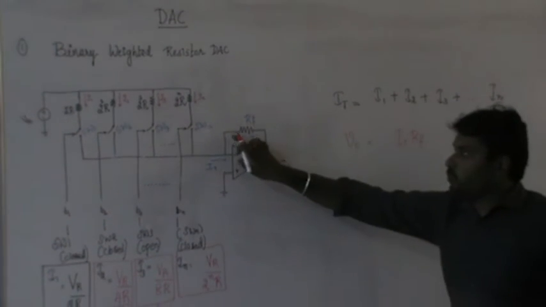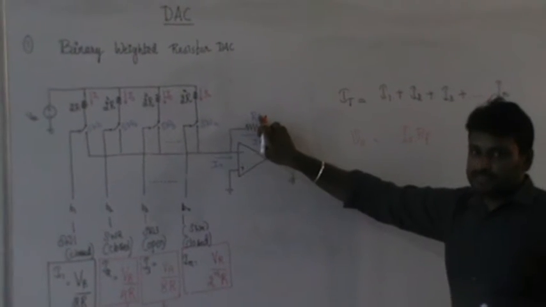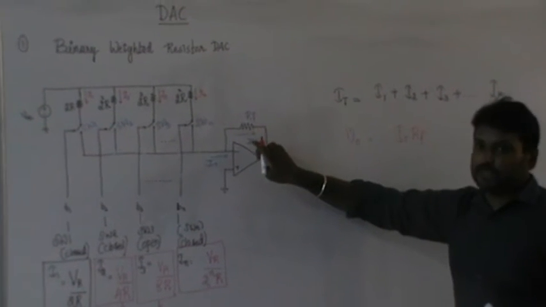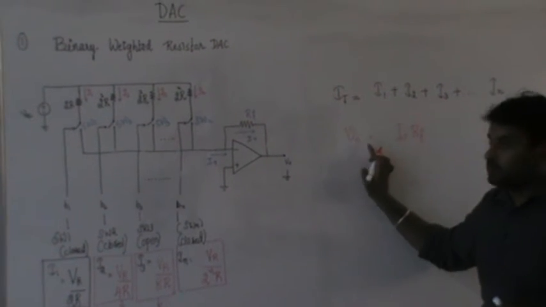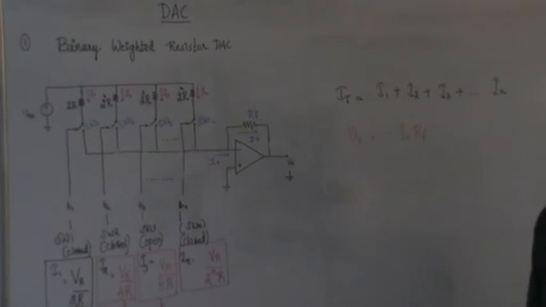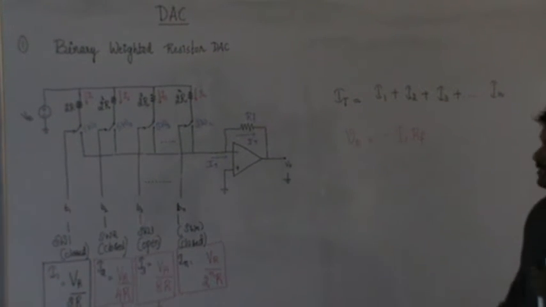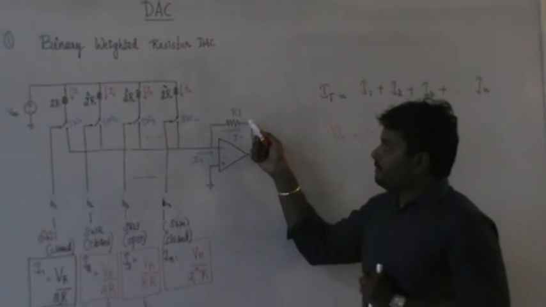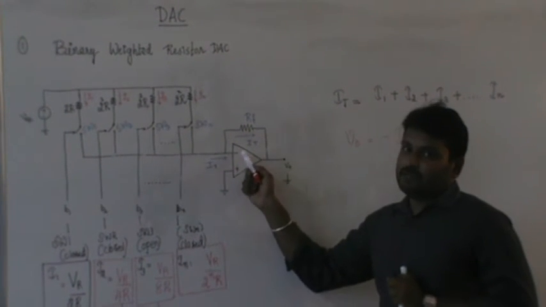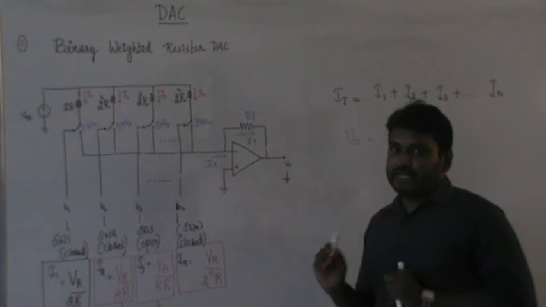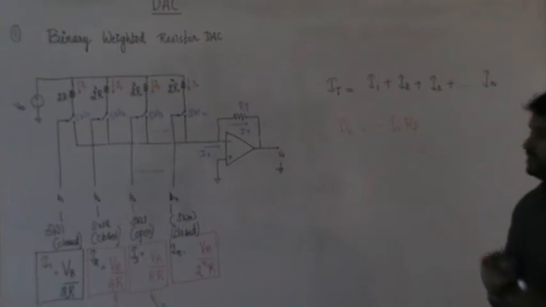The current flowing through the feedback resistor into the current, the current and the feedback resistor will give you the output voltage. But I have to write a negative sign here. Why? Because my feedback resistor is connected to the inverting terminal, that is the negative terminal. So therefore I am writing minus here.